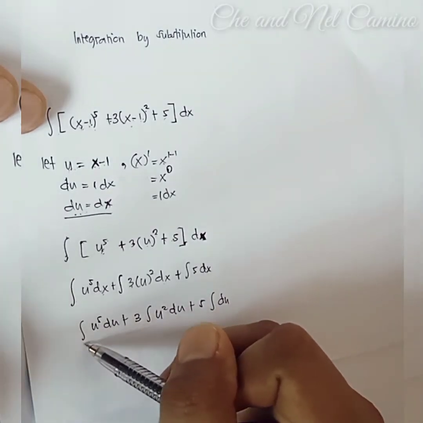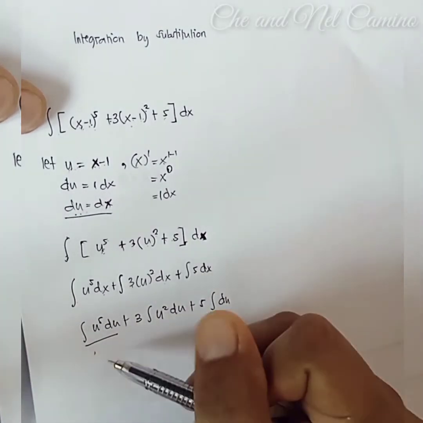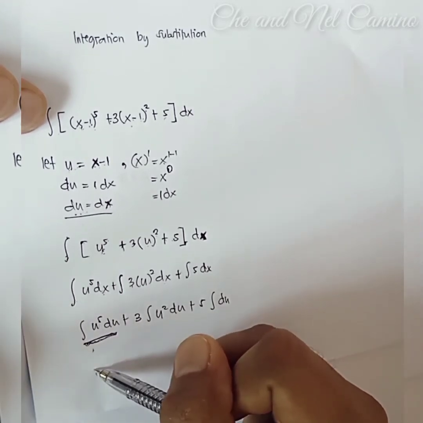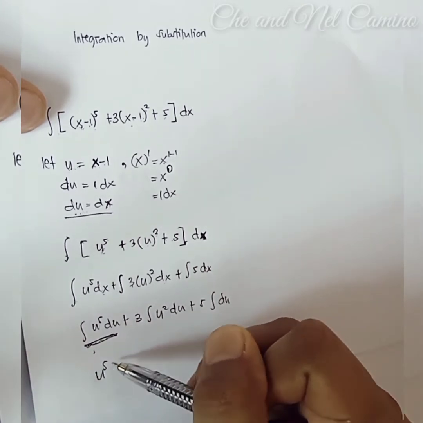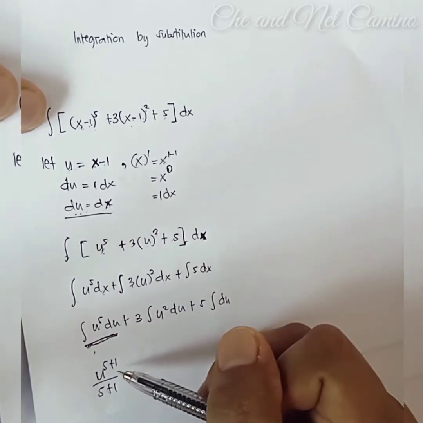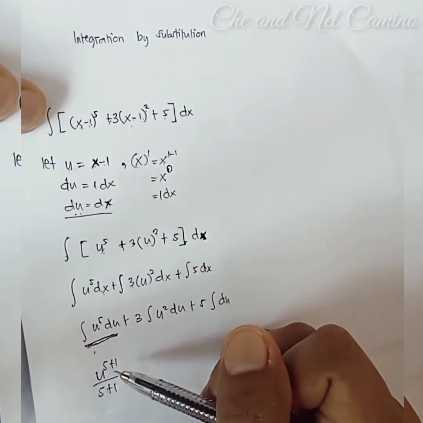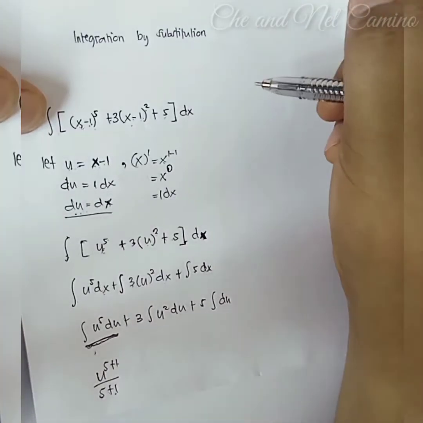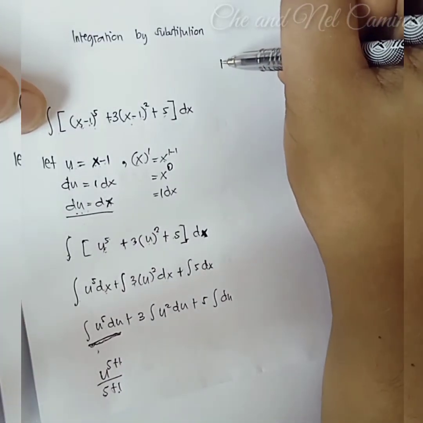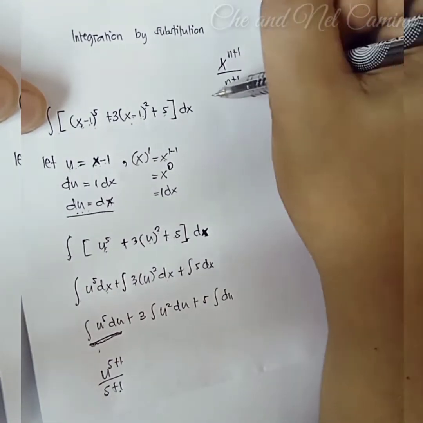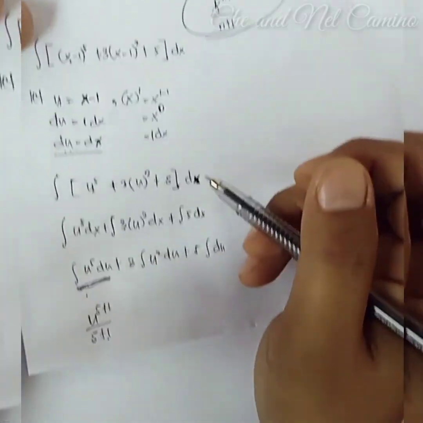So let's perform the integration here. We have u to the power of 5 plus 1 all over 5 plus 1. Why? Because we have applied the general power formula for integration, which is x to the power of n plus 1 all over n plus 1.